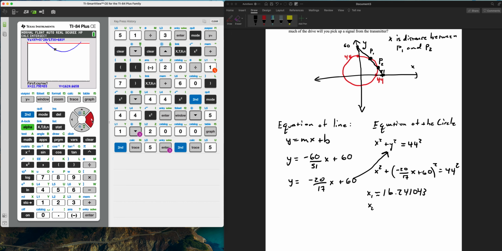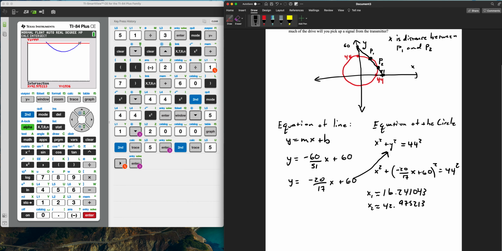Move your cursor to the right and press enter 3 times. 42.975213. At this point, it is important that we take as many decimals as possible because we don't want to propagate any errors when we make subsequent calculations with x1 and x2, as it's easy to propagate an error if we round at this point.